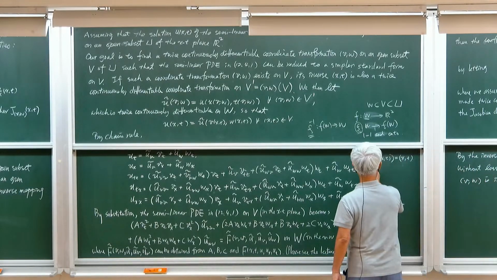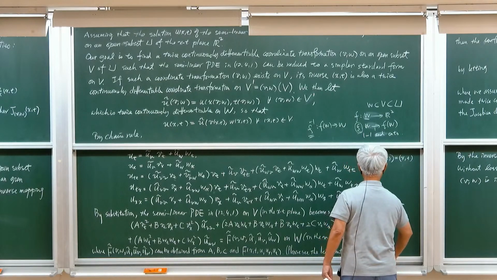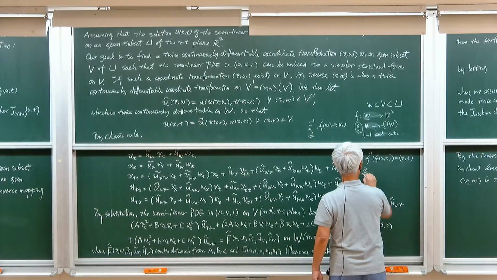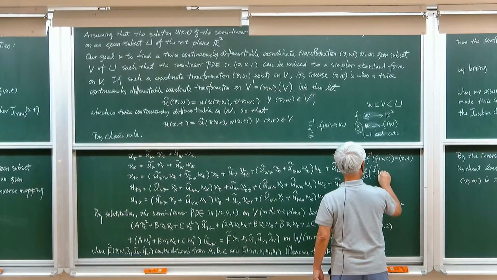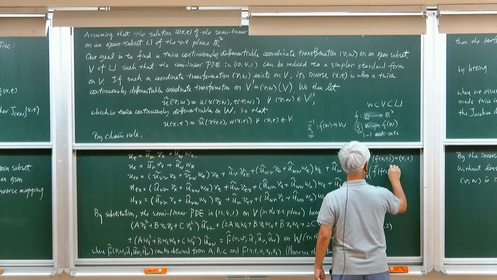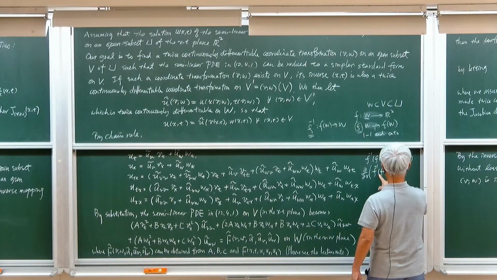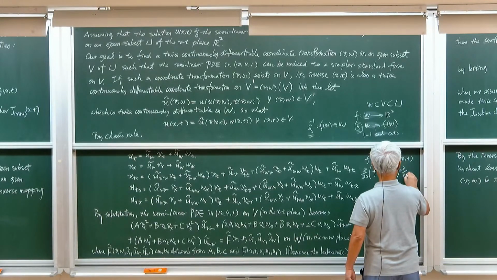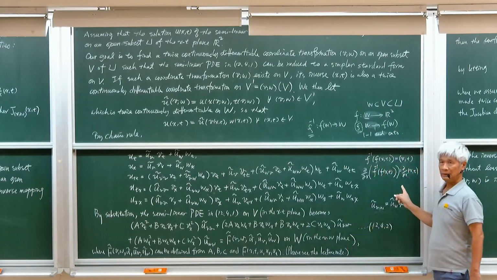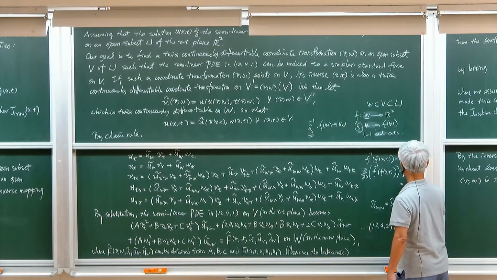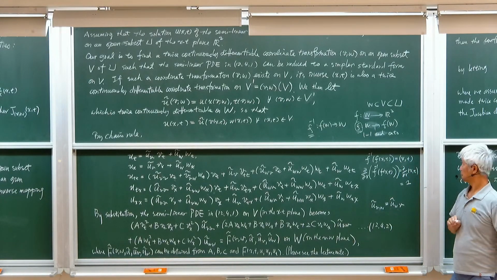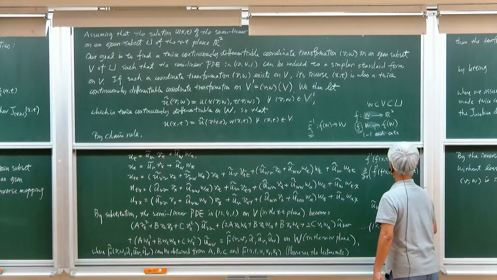All right, so now when you do the partial derivative of x, the partial derivative gives you 1.